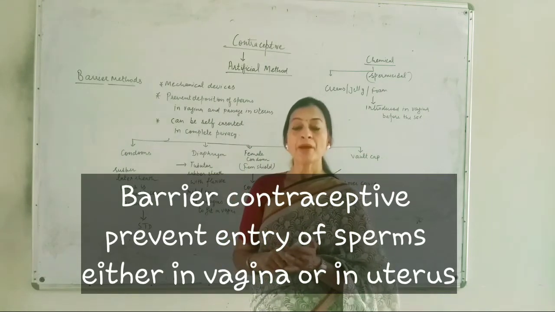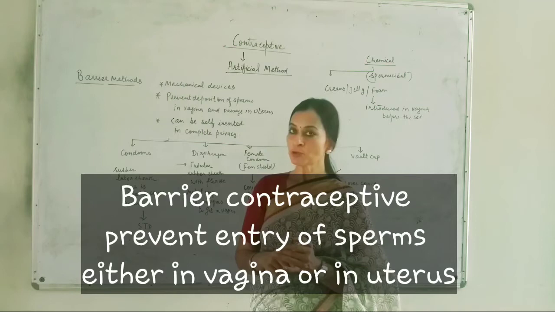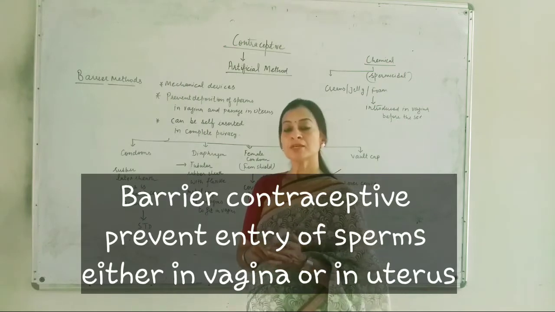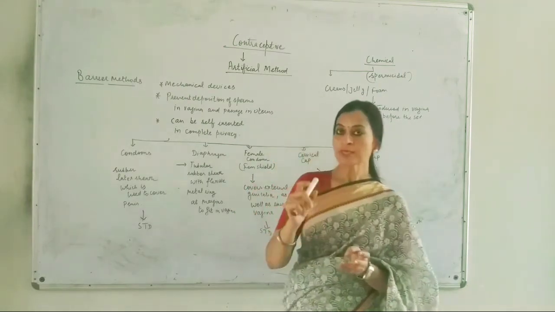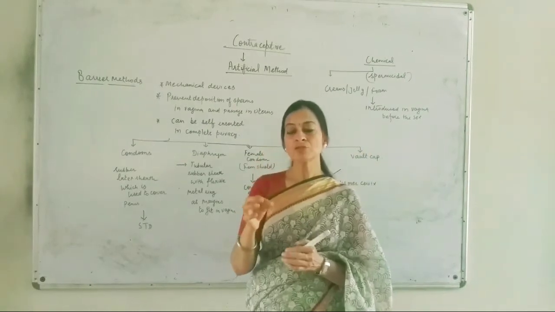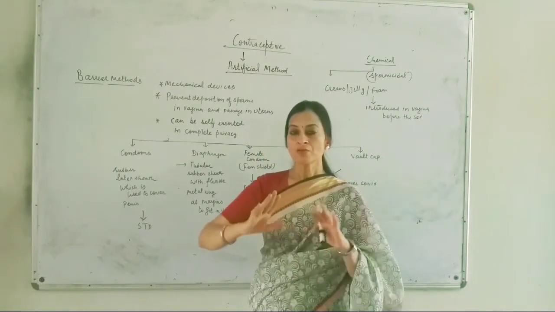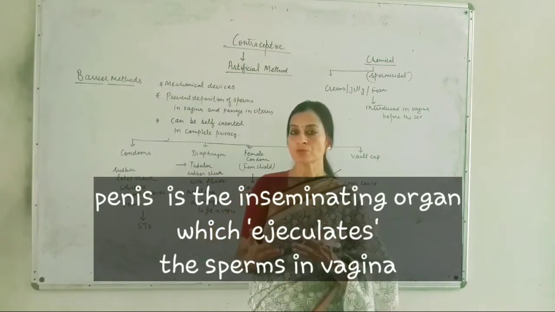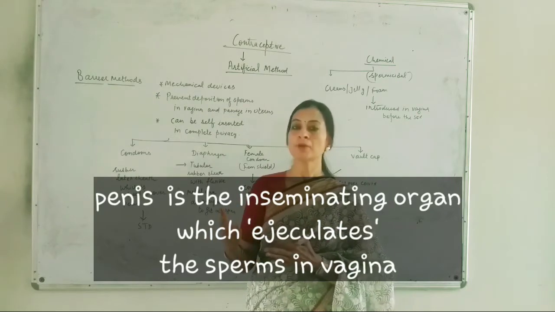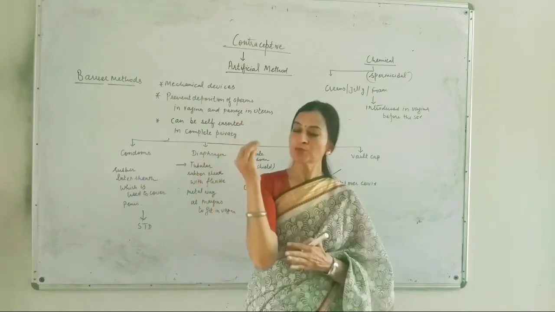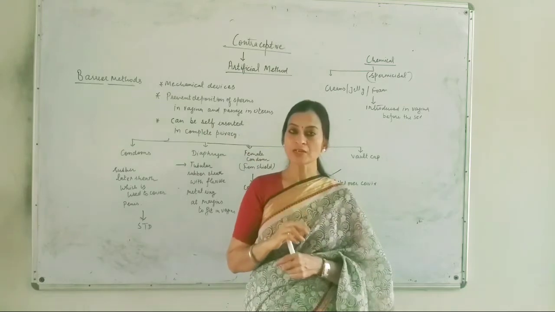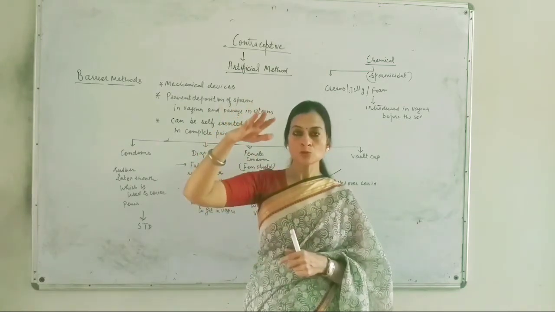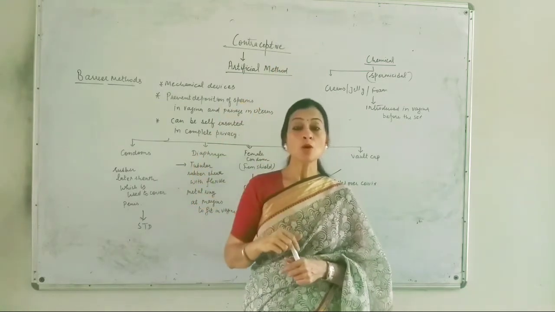You know that the penis is the inseminating organ, and during intercourse there is a stage known as ejaculation, when the sperms are released from the male and deposited in the vagina. After that, through the vagina they reach the fallopian tube.